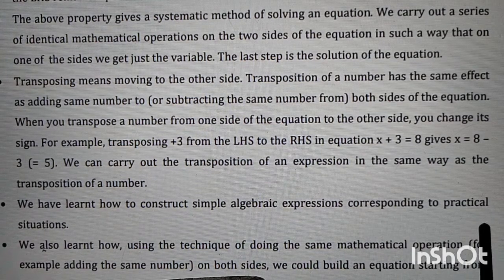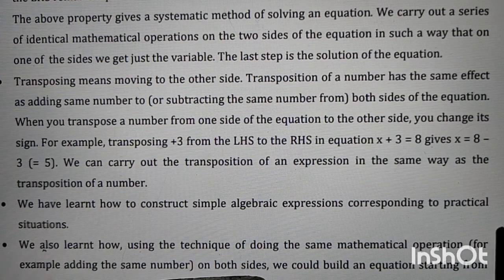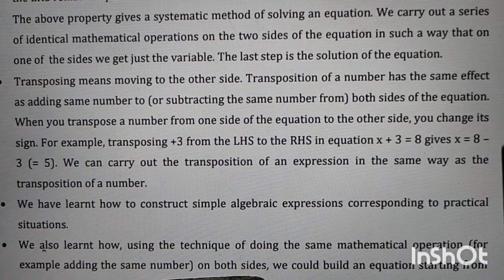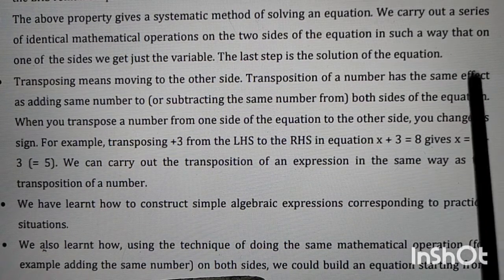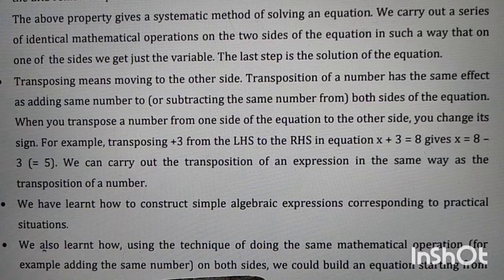This is the case when statements or practical situations change into equations. So let us understand more about these kinds of problems, in which we use all the things we have already studied, but just give a review for the chapter.